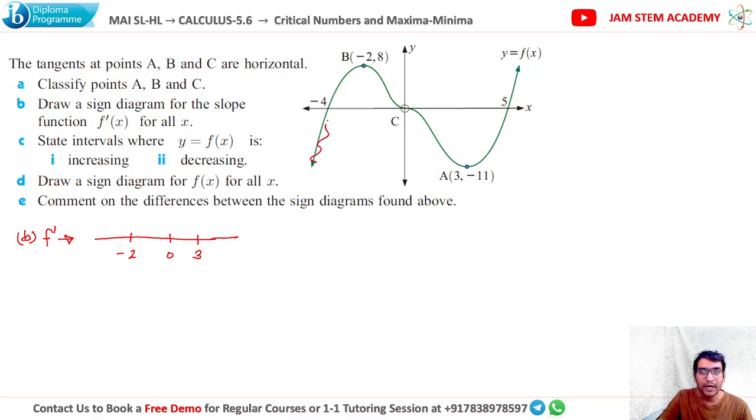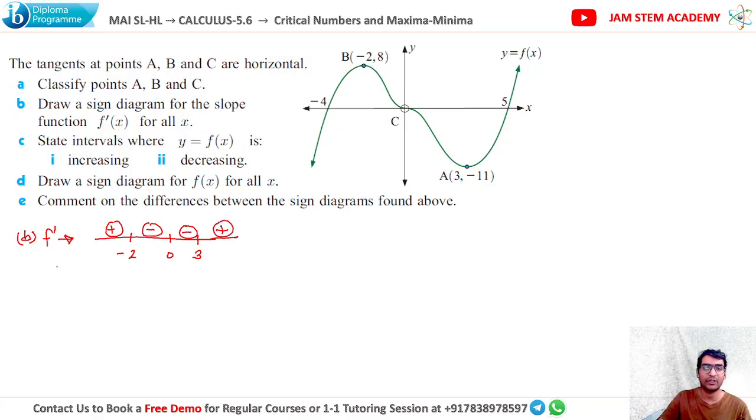From this part to this part, it is increasing in nature. It means the function is increasing, so the sign must be positive. So in this region it is positive. After this, it starts to decrease from B to C and again from C to A. It is decreasing, so we have negative as well as negative here. Now, after 3, it again starts to increase. So it is positive in this region, right?